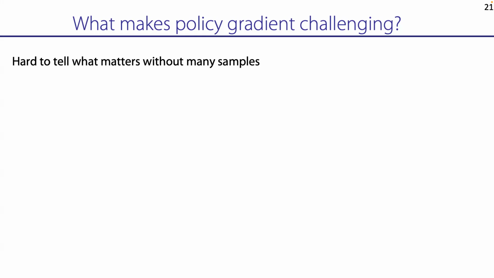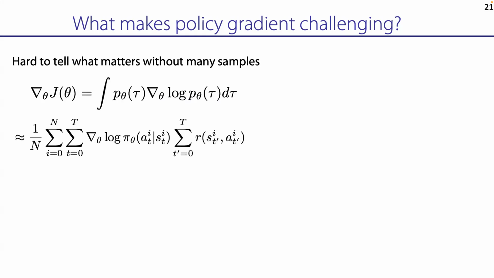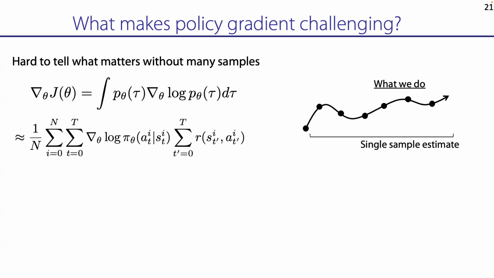The way I like to think about it is a little pictorially. If you look at this objective, what's happening is that you get what is called a single sample estimate. For every single grad log pi that you have, imagine a particular state action pair, you only get a single sample estimate of how good it was.